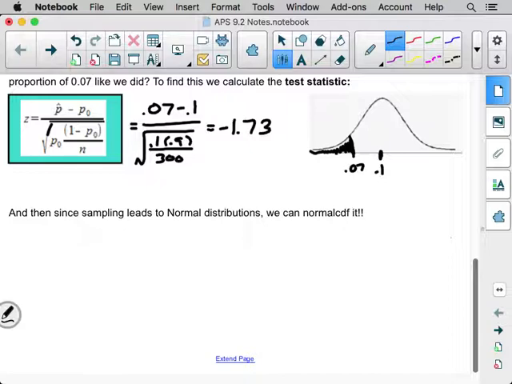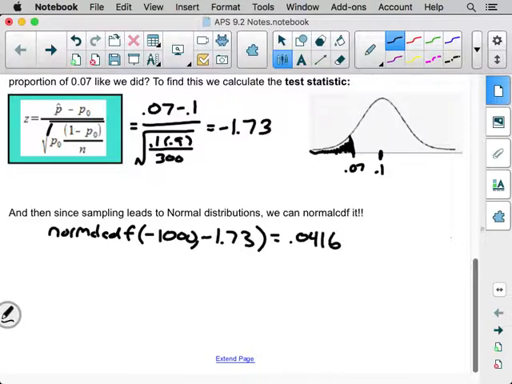This is the probability of getting a sample as small or smaller than ours. What is the probability that we get a sample at least as small as this one? Okay, so when you calculate that, we get 0.0416. Okay.